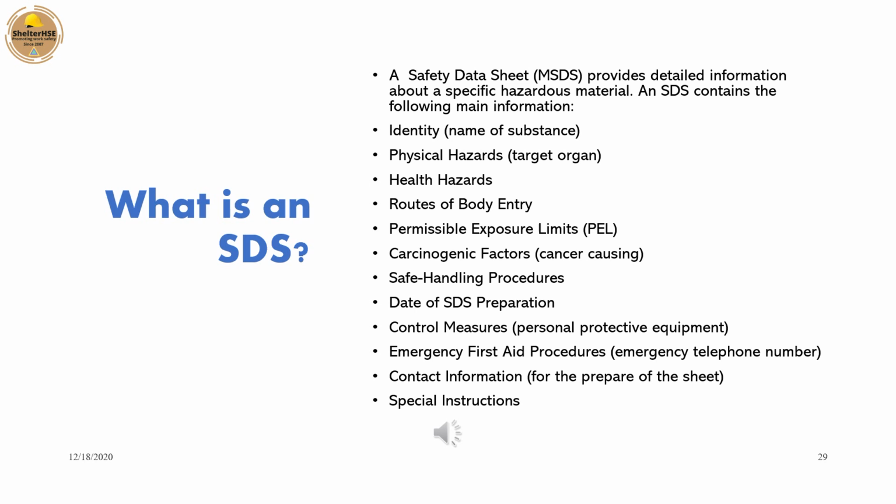An SDS contains the following main information: identity, name of substance, physical hazards, target organ, health hazards, routes of body entry, permissible exposure limits, PEL, carcinogenic factors, cancer-causing, safe handling procedures, date of SDS preparation, control measures, personal protective equipment, emergency first aid procedures, emergency telephone number, contact information for the preparation of the sheet, special instructions.